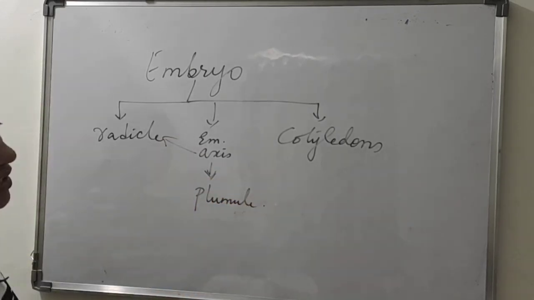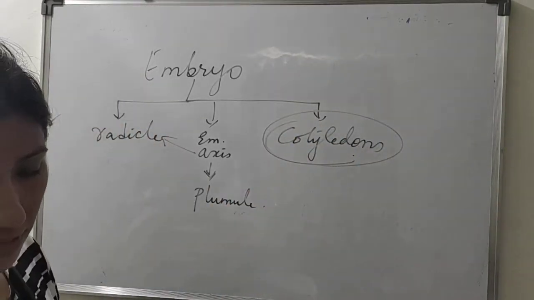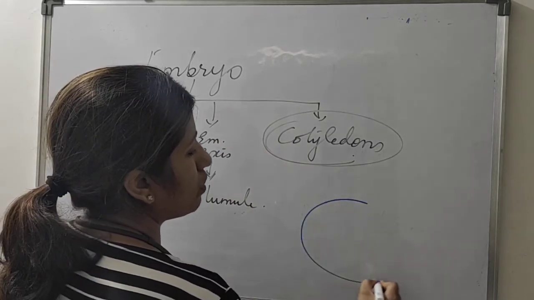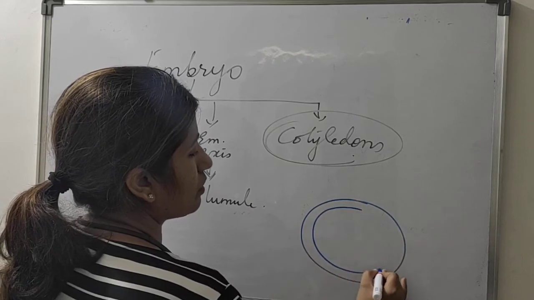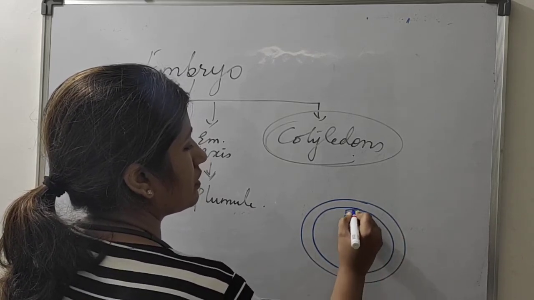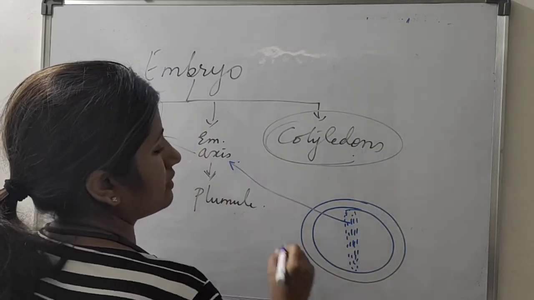On the basis of this, what is a cotyledon? If I draw a seed and embryo, okay, this is the seed coat, and this is the embryo. The embryo will have a tissue at the center, and that tissue is known as the embryonal axis.